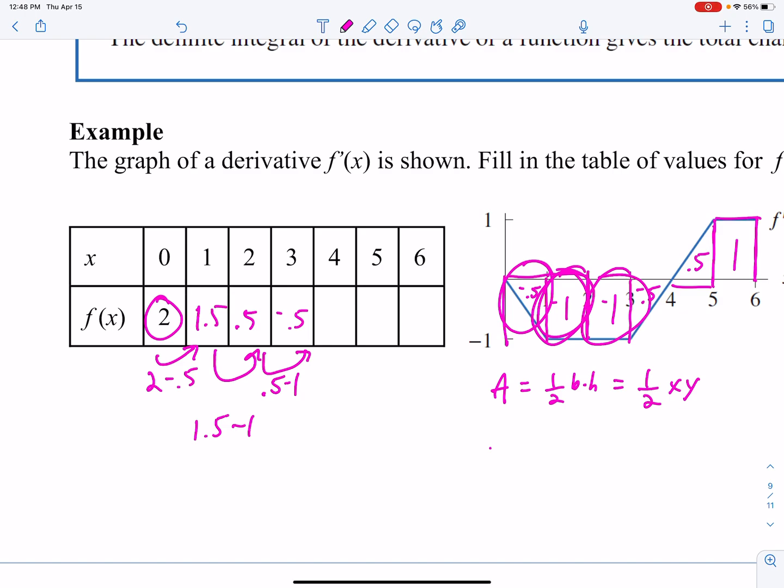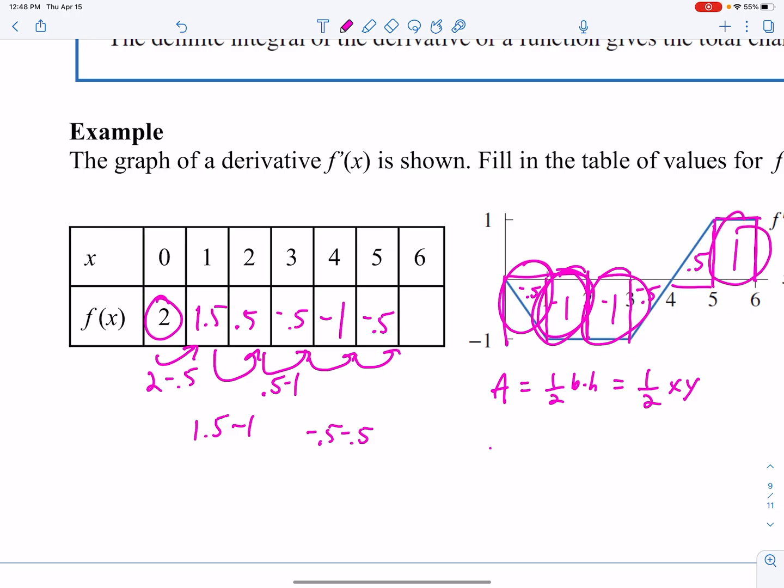0.5 minus 1 is -0.5. Next interval, we are going to subtract 0.5, so be careful. We're at -0.5 minus 0.5, which is -1. All right, and then the next interval, we have a positive 0.5, so -1 plus 0.5 is -0.5.